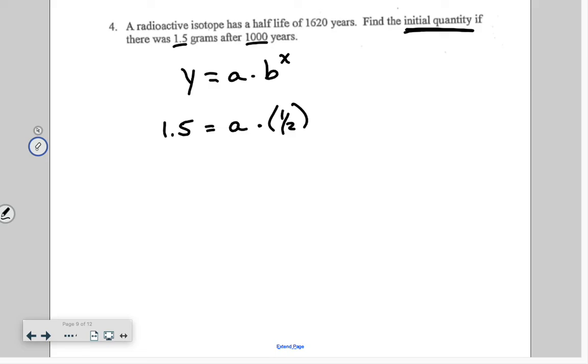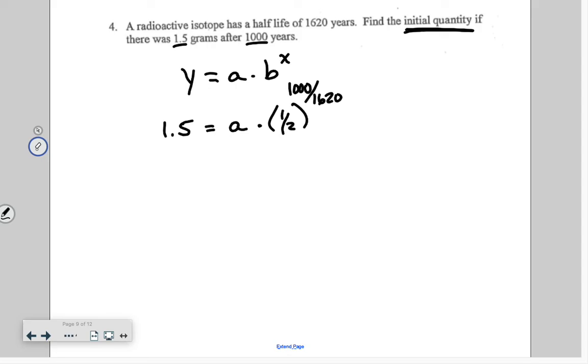So you'd have X over 1620, but we know X. It's 1,000. Which again means this exponent is less than 1, which means we're not even 1 half-life through this problem. That's what the exponent is representing. It's not even to 1 yet. We haven't gone 1 half-life yet.